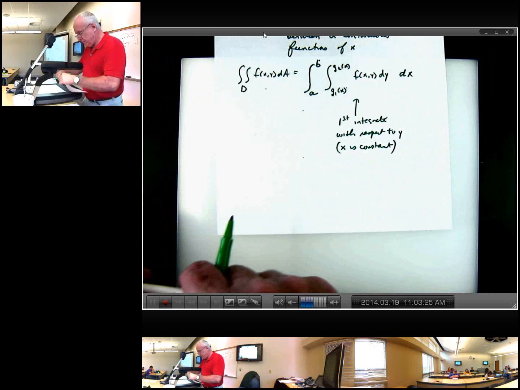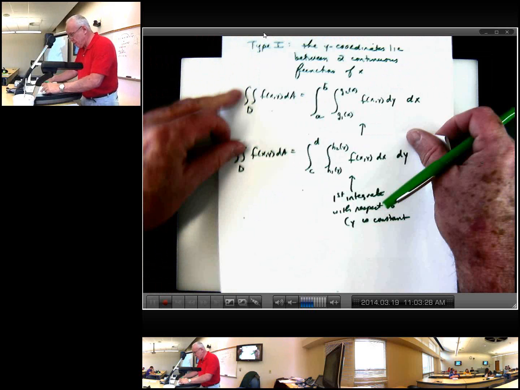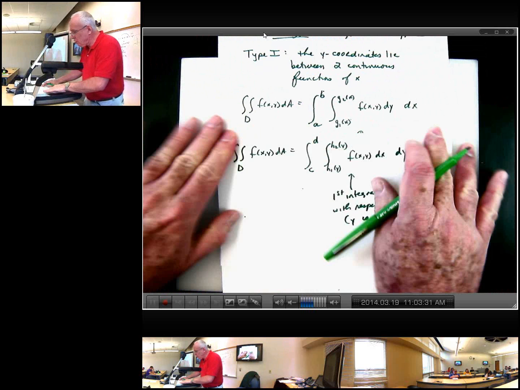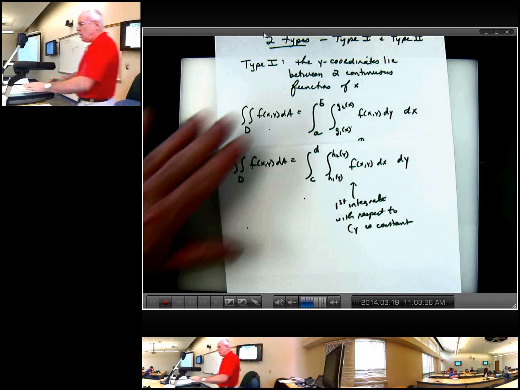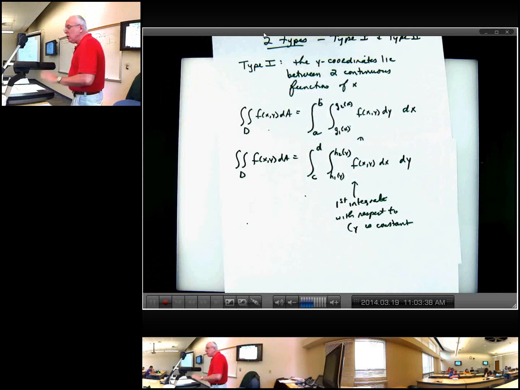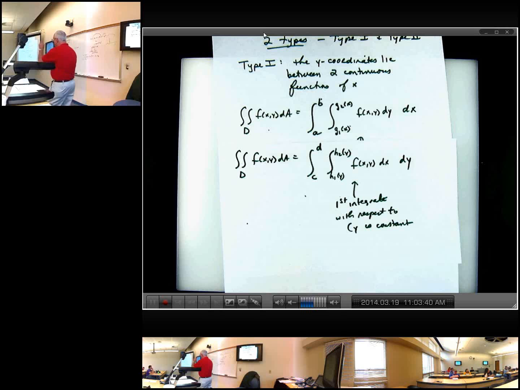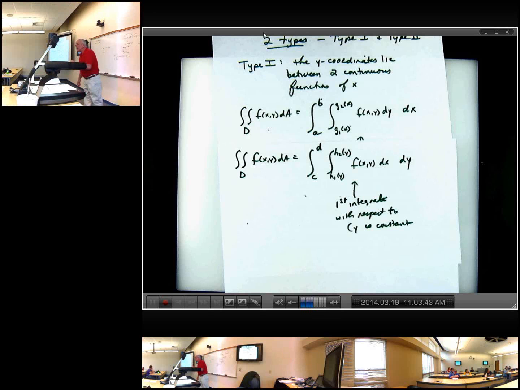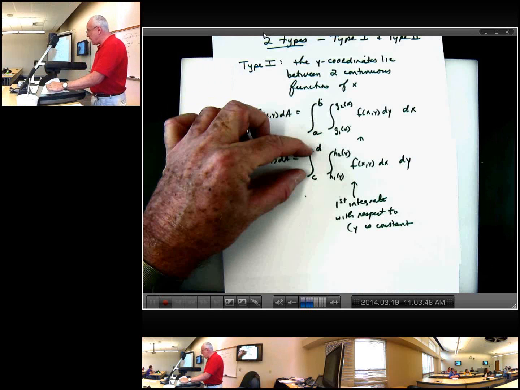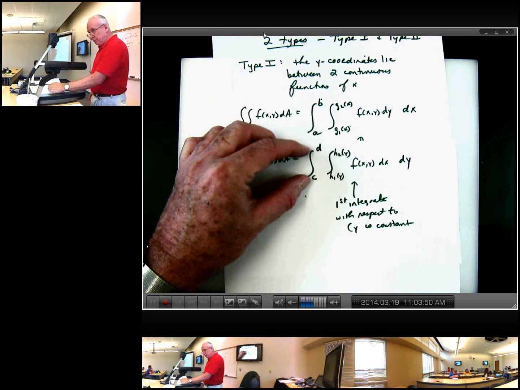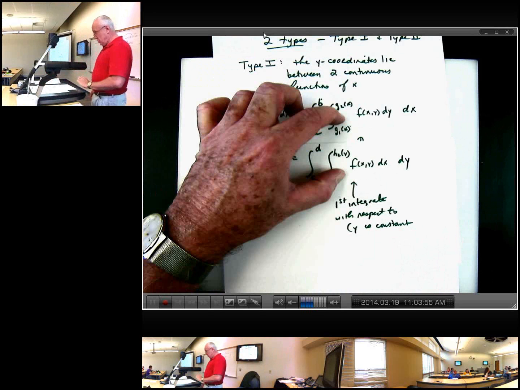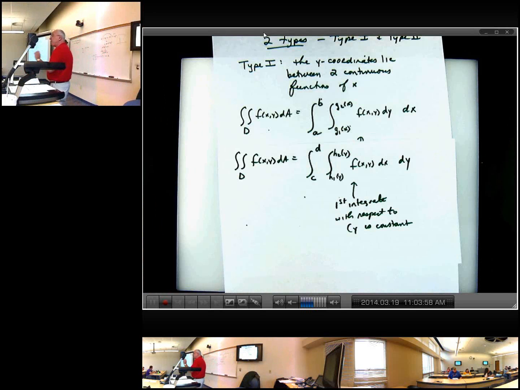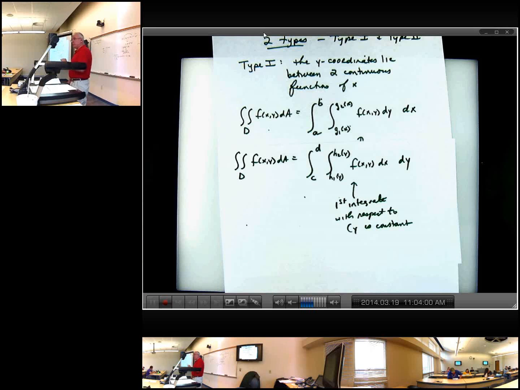I want to point something out here with these. Regardless of whether we're talking about a type 1 region or a type 2 region, notice that the outer integral strictly has numbers as its limits. Here it's going from C to D, here it's going from A to B. The inside integral is going to have the function as the limits, all right?